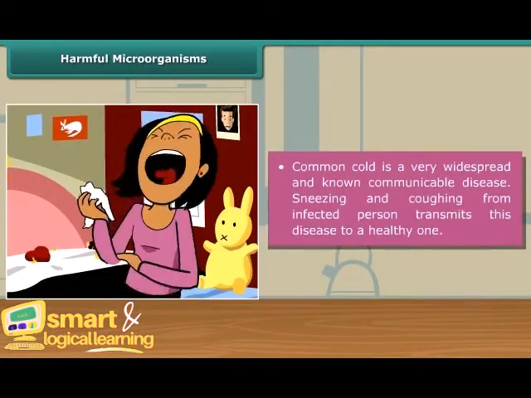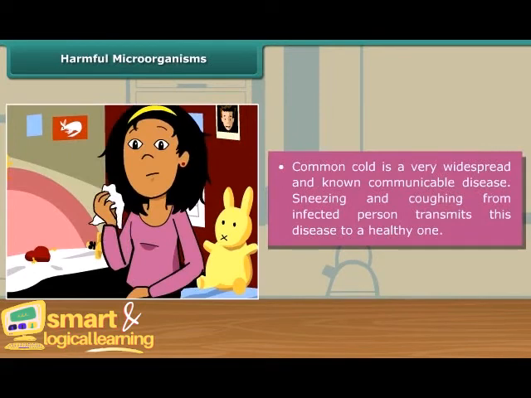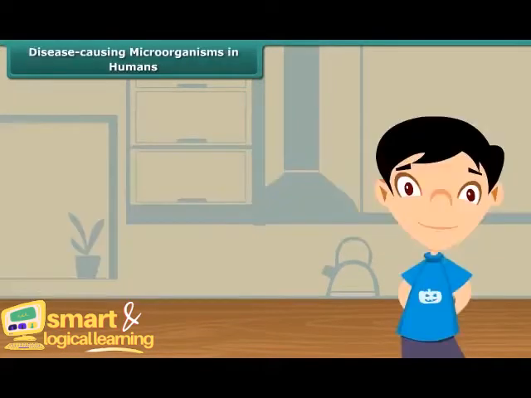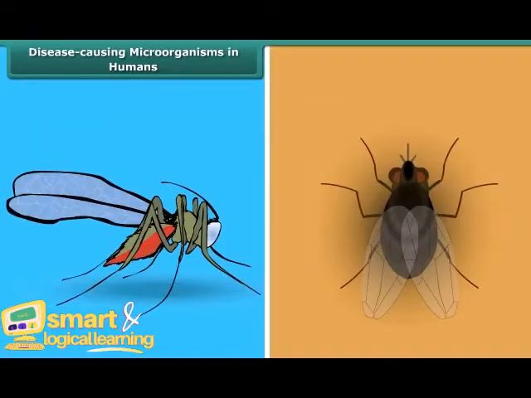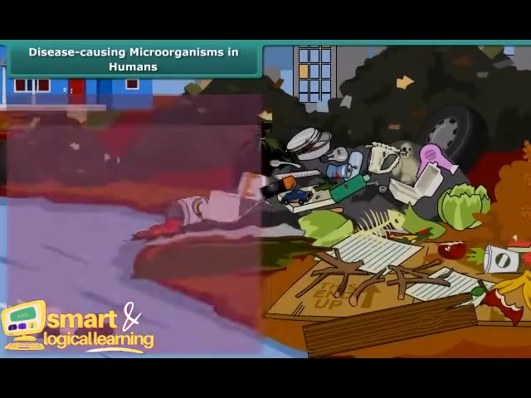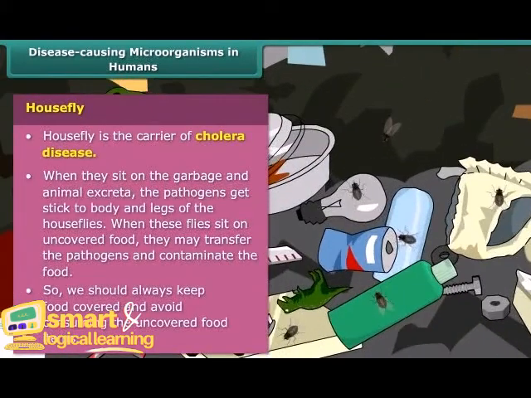Common cold is a very common example of a communicable disease. Friends, some insects and animals found in our surroundings act as carriers of pathogens. Housefly and mosquitoes are common examples of such carriers. In cholera, the housefly is the carrier of many pathogens.